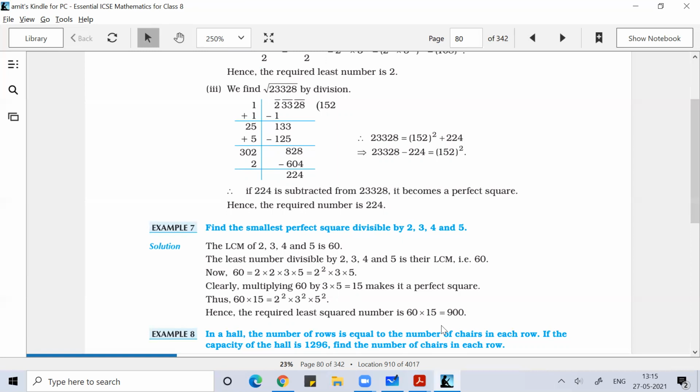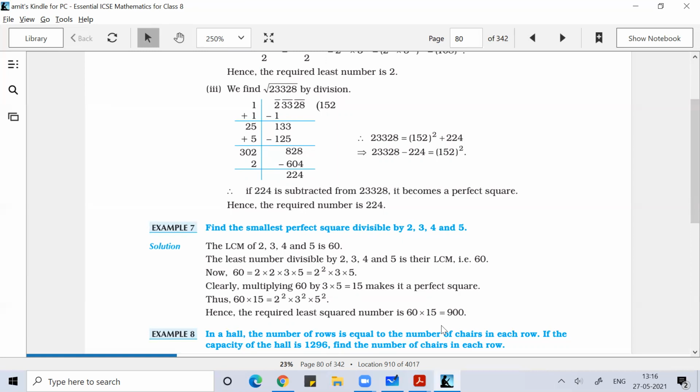Read the question, man. Why are you not able to understand the question? It is written in English, you know English very well. Read what is written: in a hall, the number of rows is equal to the number of columns in each row.